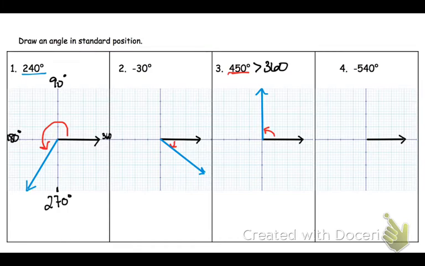It's 750 degrees. So that means I need to take my red line, start at the black line, my initial side, and go all the way around, and then an extra 90. So that indicates that I've gone one full rotation plus 90 more.